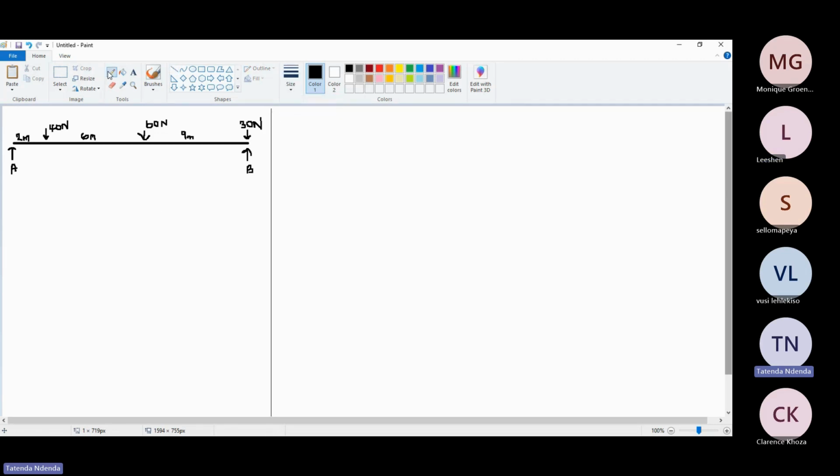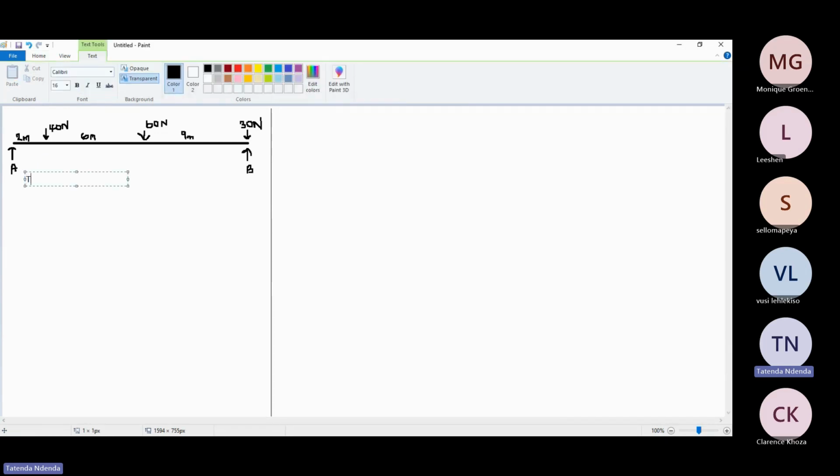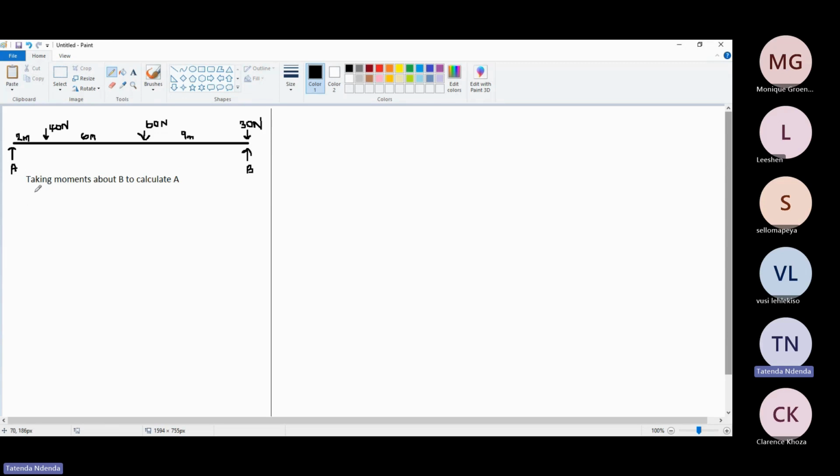So here we're gonna say now, taking moments about B to calculate A. So this is going to be the summation of clockwise moments is equivalent to the summation of anti-clockwise moments like this.